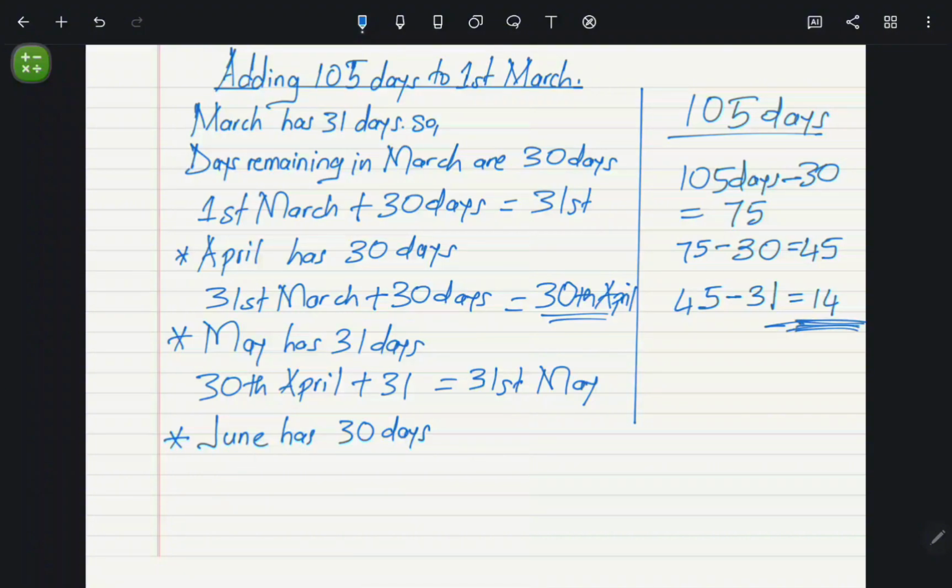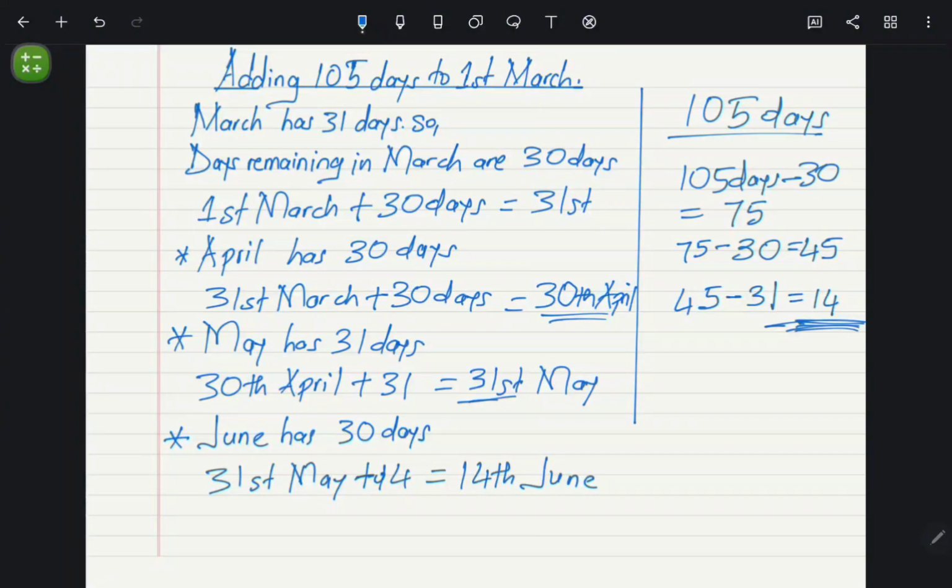So we are simply going to add the 14 days onto 31st May. So now when we get our 31st May plus 14 days, we are going to have here 14th June. So now we have completed adding 105 days onto 1st March.